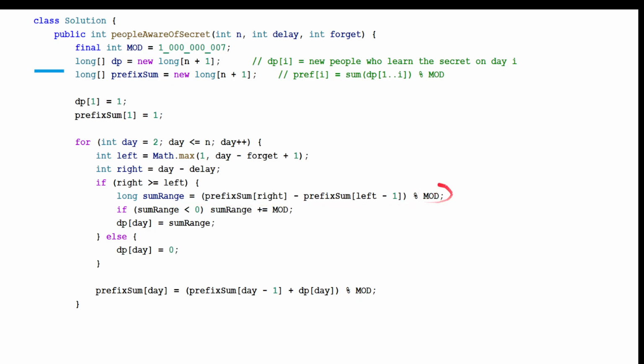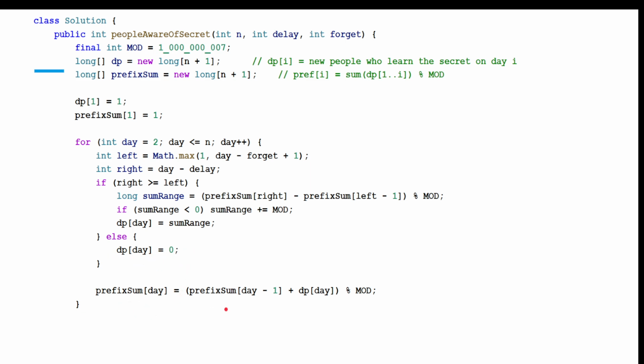Okay, and we'll take the modulo if the values become big. Otherwise we take the sum range, keep adding the value by using the mod, and we update our dp at day as the sum range, otherwise it is 0.